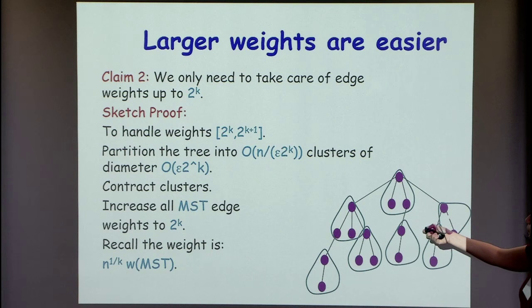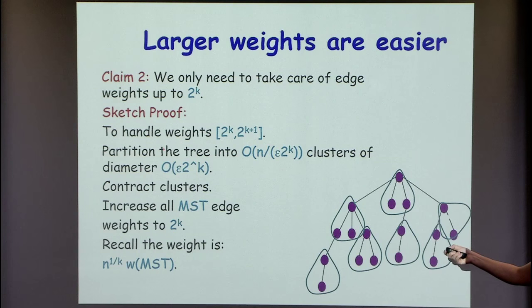In general I will do it for every 2^(ik) to 2^(ik+1). So now we can use the previous claim of clustering. We can partition the tree. Now our tree is again of weight 1 because we reduced to this case. We can partition the tree into this number of clusters with this diameter.